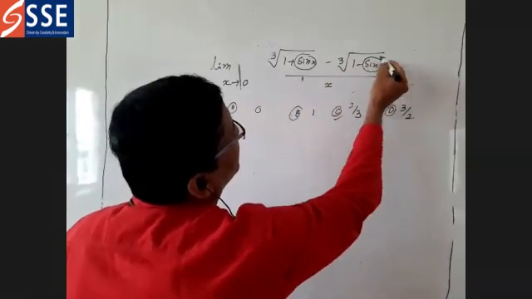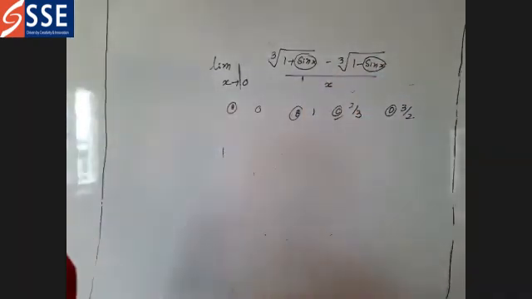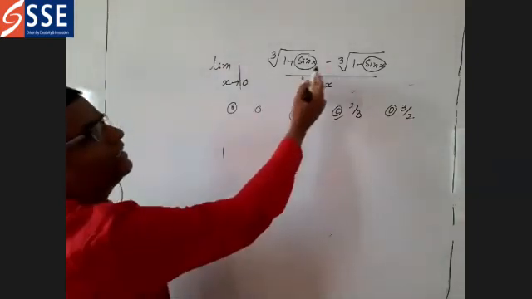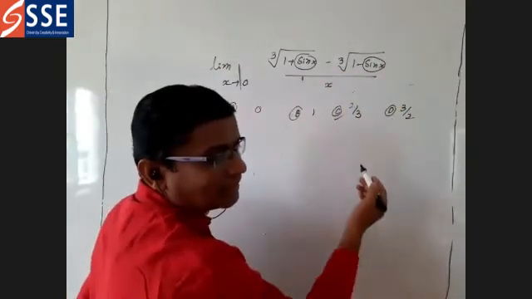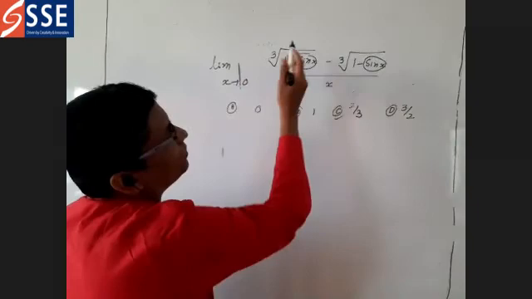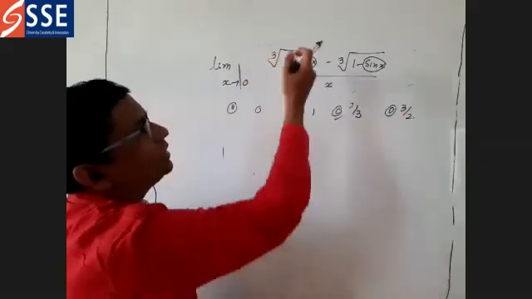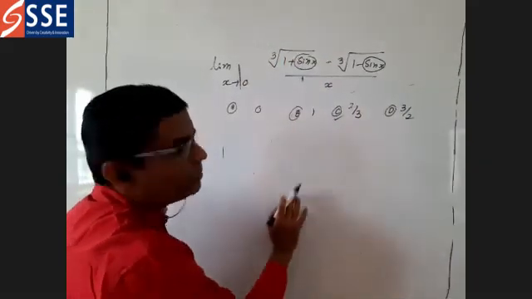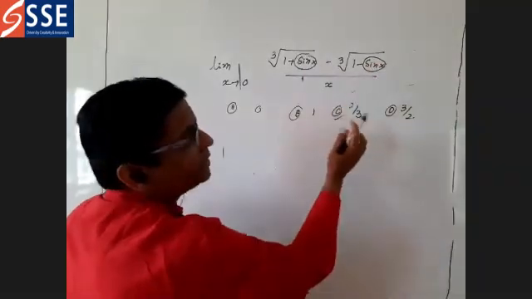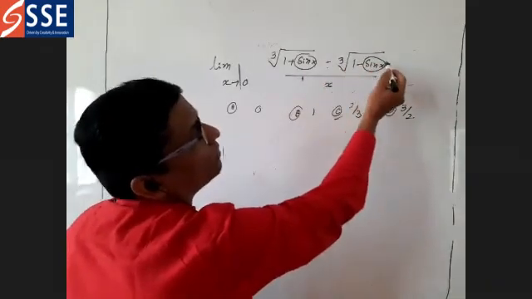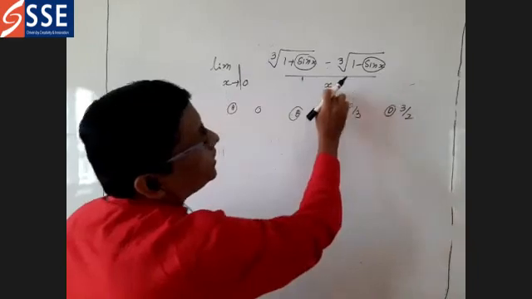What is wrong in it? Cube root of 1 plus sin x minus cube root of 1 minus sin x. This is in the form of pth root of 1 plus x. Let us consider the total sin x as x. Why? Because both the terms are the same. So that is why, minus cube root of 1 minus sin x, divided by x.